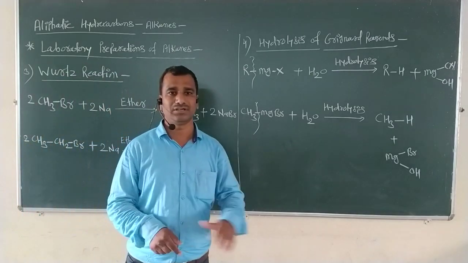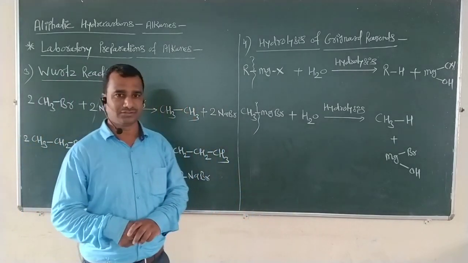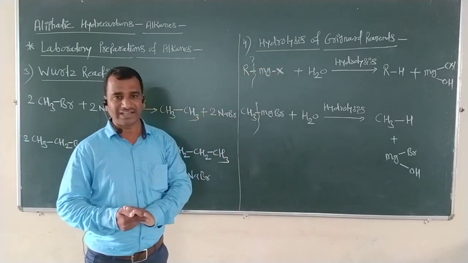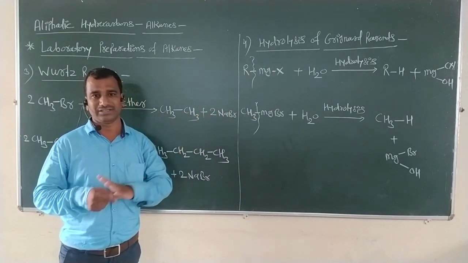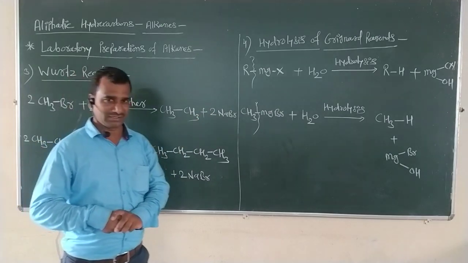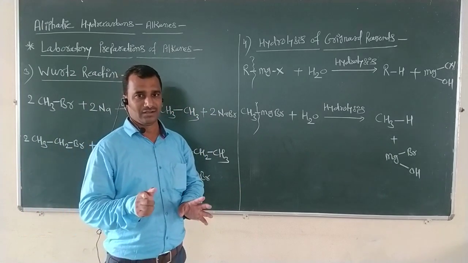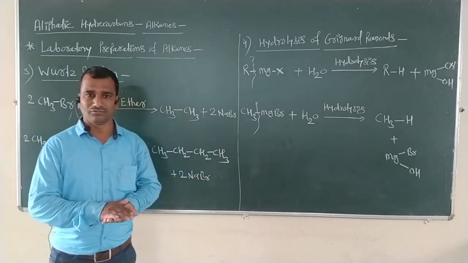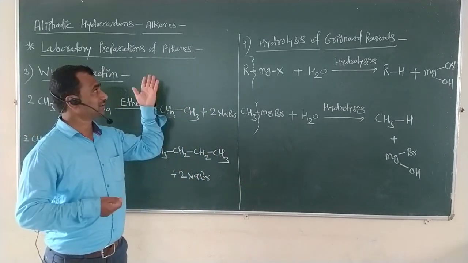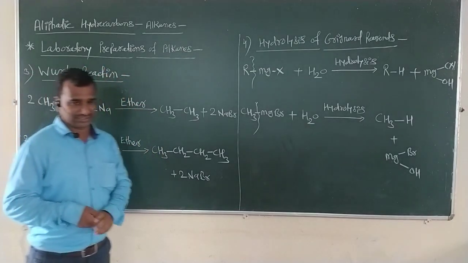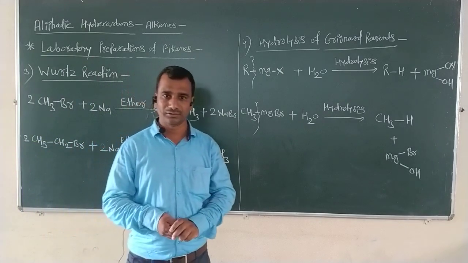And the last method we just completed is the hydrolysis of Grignard reagents. By using these 4 simple methods we can form alkanes in our laboratory. With this, we conclude the laboratory preparation of alkanes, and with this, we conclude this lecture.